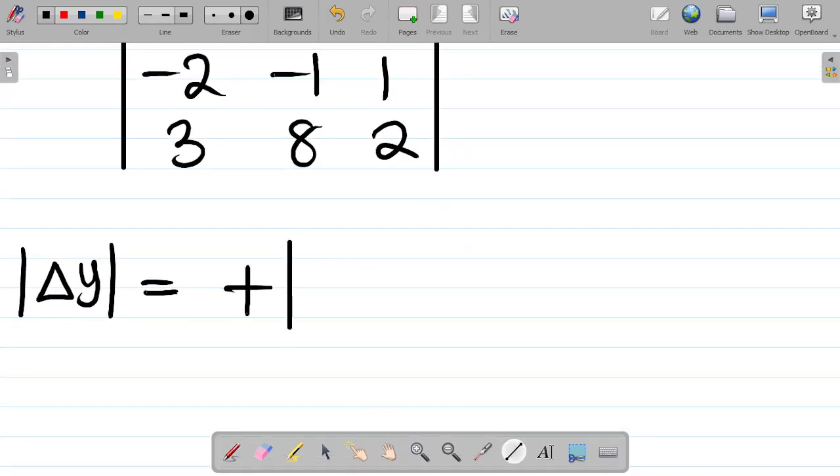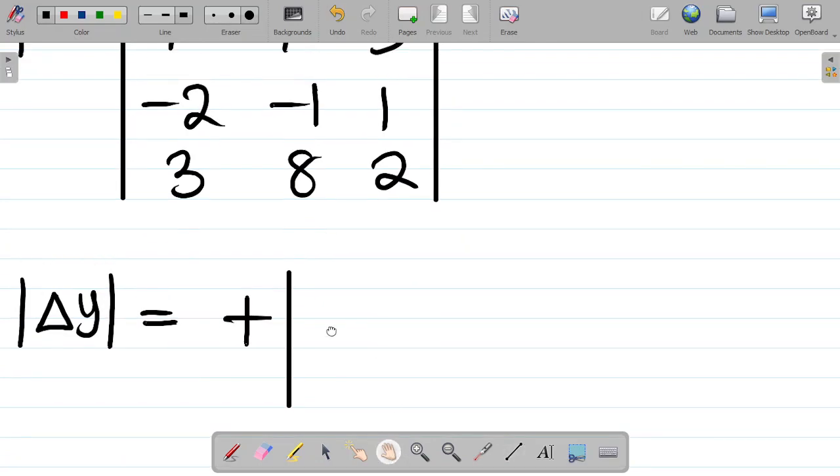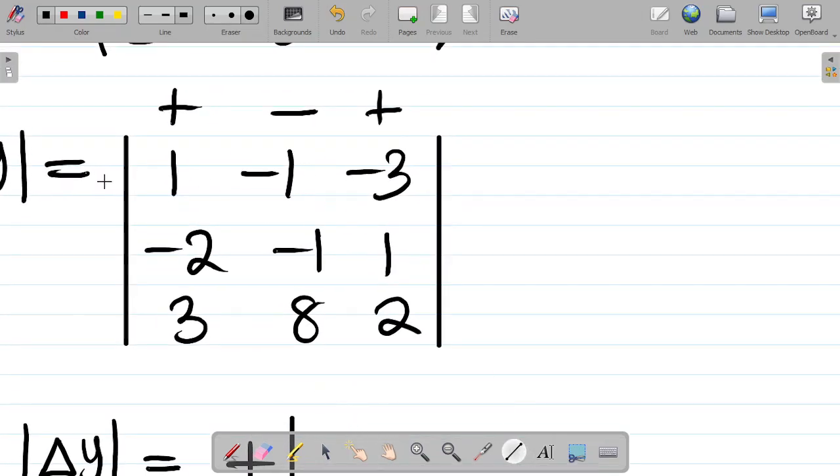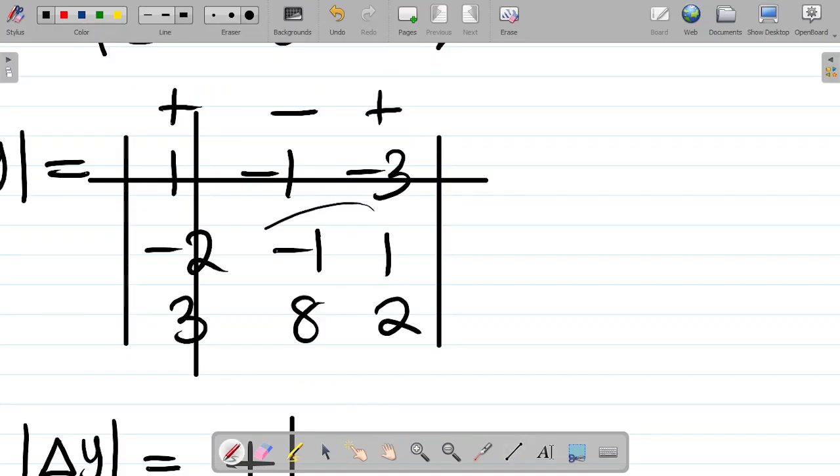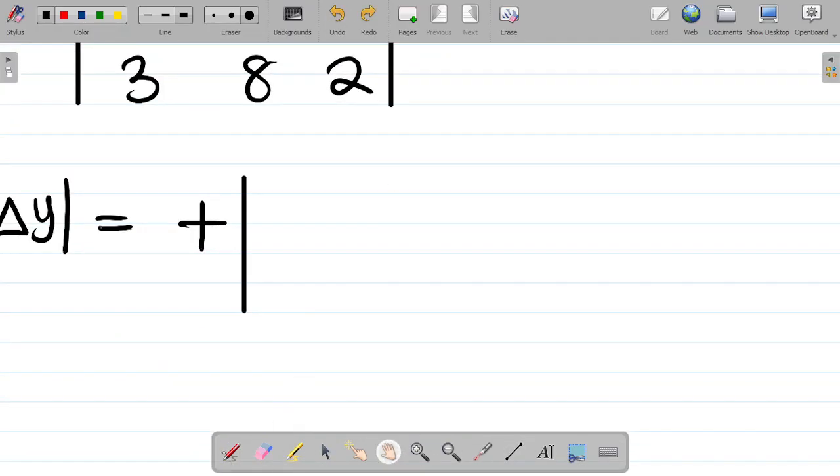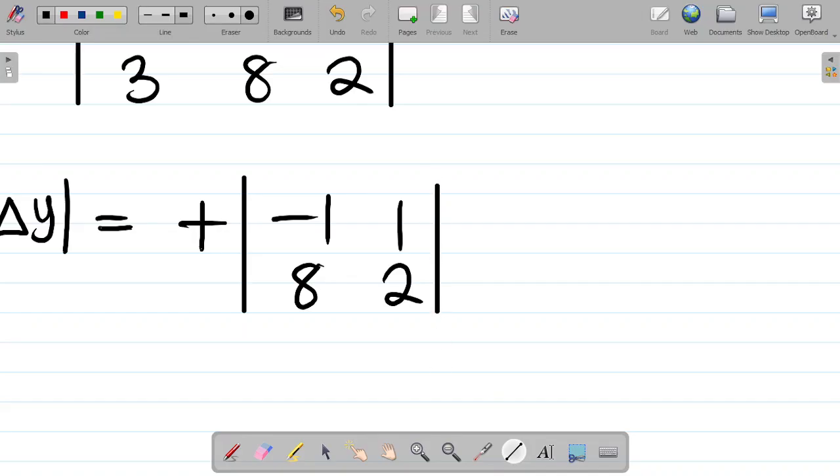I would come here, open this up. So plus into, for plus 1, cover the row and the column. You're left with minus 1, 1, 8, 2. Alright, so you have this as minus 1, 1, 8, 2. That's the first one there.